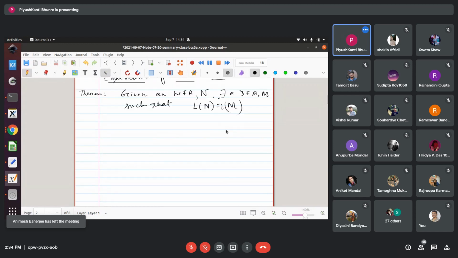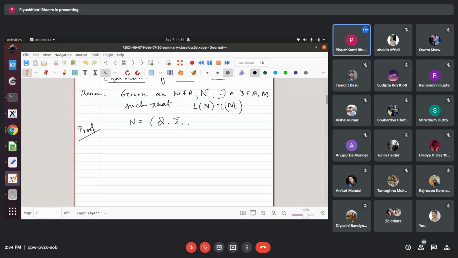So what is given here: suppose your N is a non-deterministic finite automata.